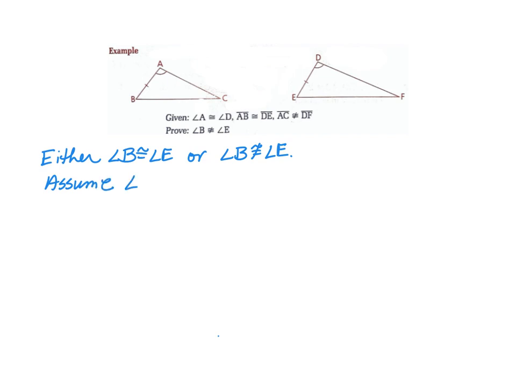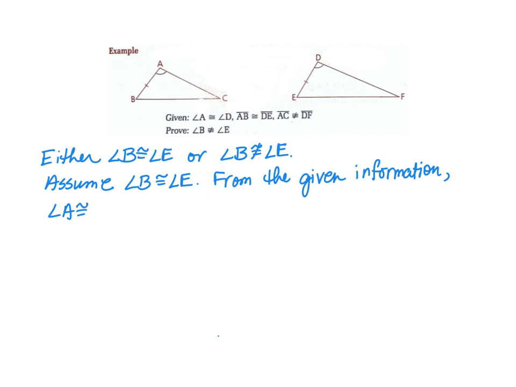We're going to assume that angle B is congruent to angle E. From the given information, we know that angle A is congruent to angle D, and AB is congruent to DE.